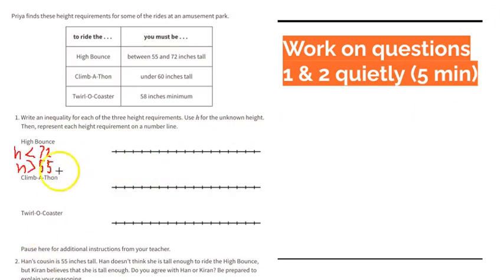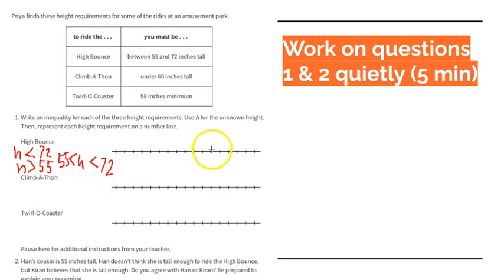You can also pile all these things up, where you have the H in the middle, and we know that 55 needs to be less than H, but H also needs to be less than 72. So this is something that you'll start seeing, where you can have these inequalities pile up together. It's something that you're going to start talking about, especially when we get further into algebra.